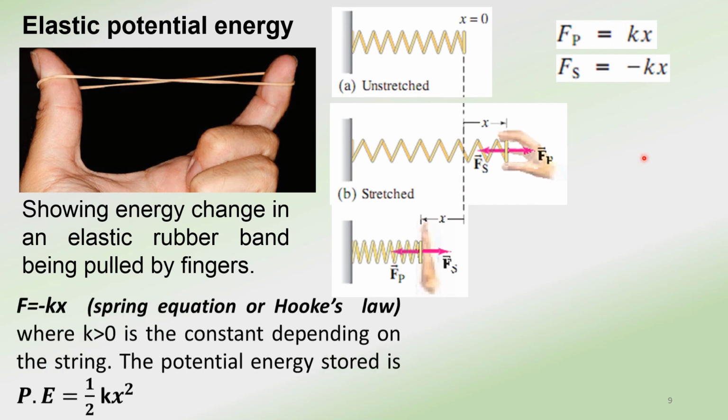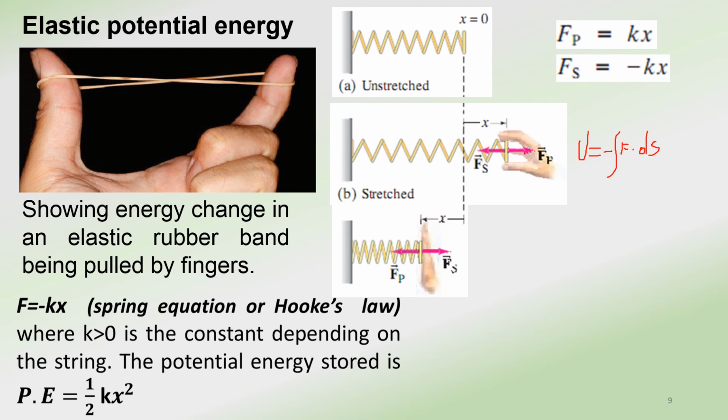Then we may calculate the potential energy in elastic bodies. We know that the potential energy U is equal to minus the integral of the applied force times the change in position, ds or dx.